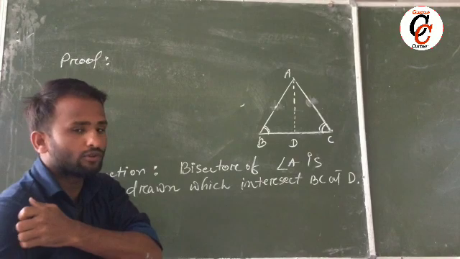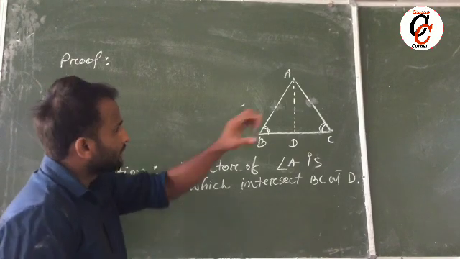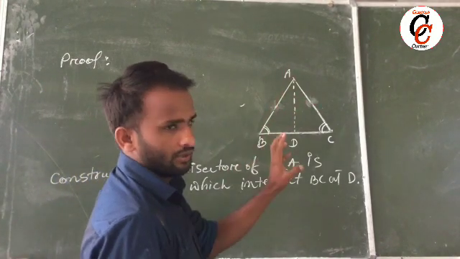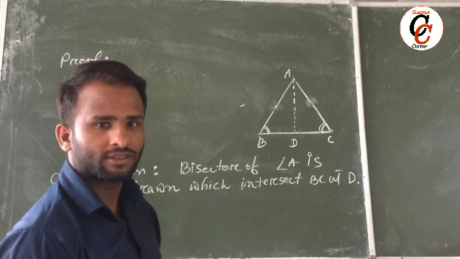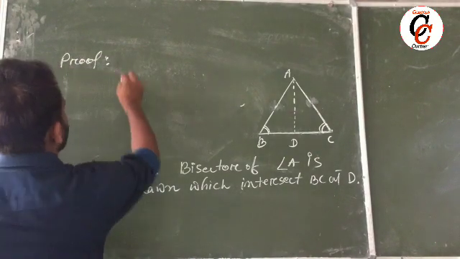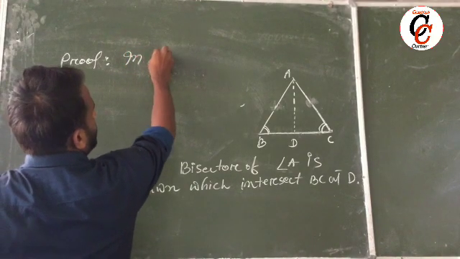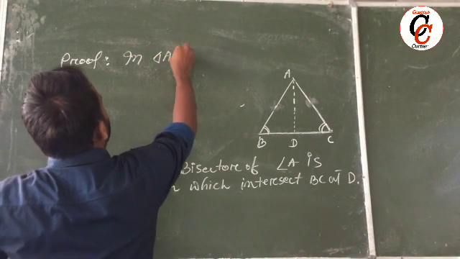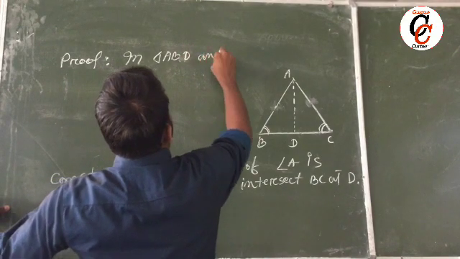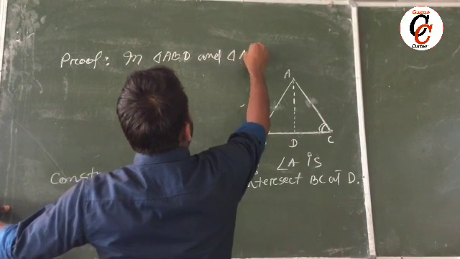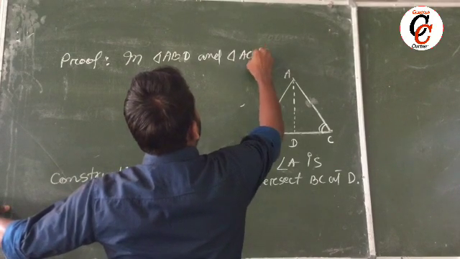If we can show them congruent, then we can say that these two sides are equal, because corresponding parts of two congruent triangles are always equal. So in triangle ABD and triangle ACD.